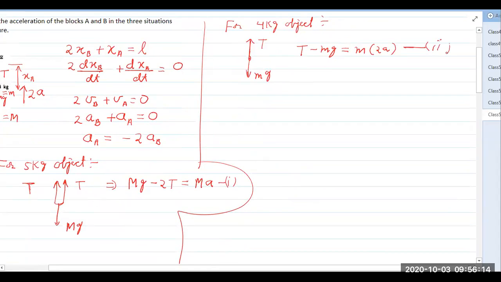Now for solving, we take equation 1 plus double of equation 2.